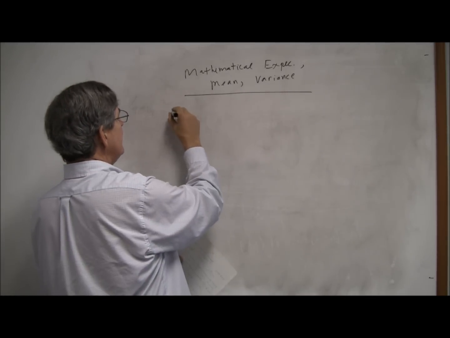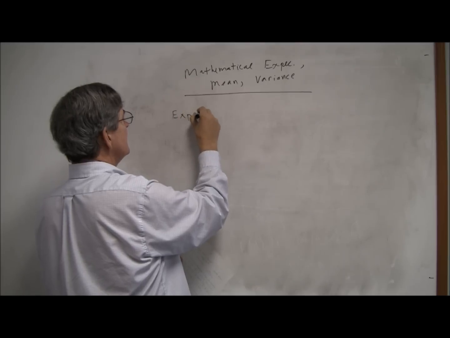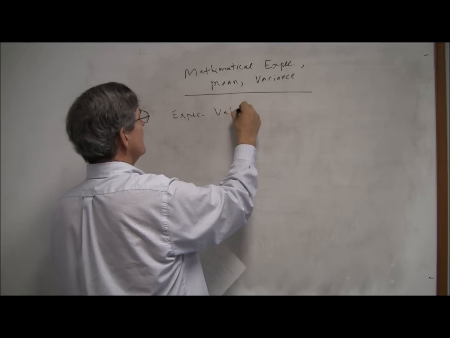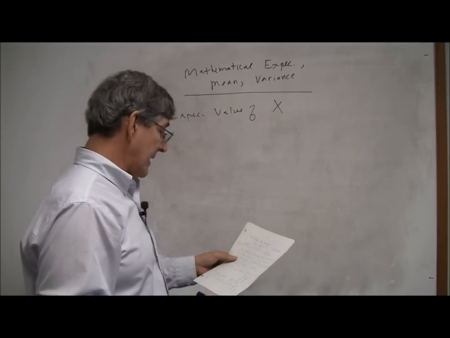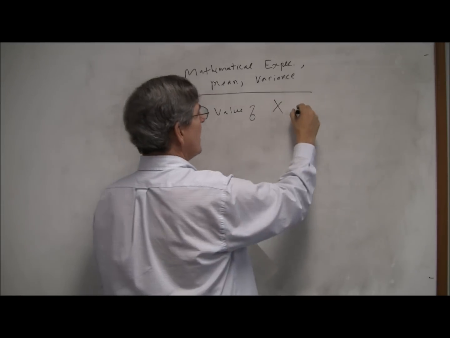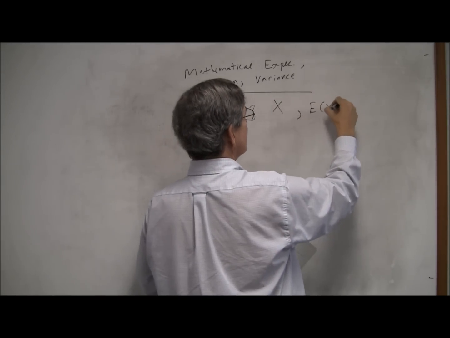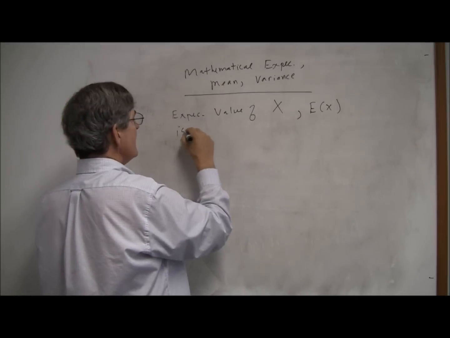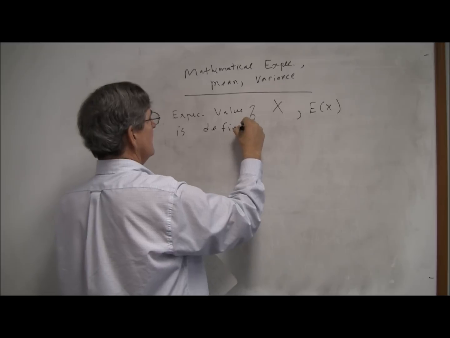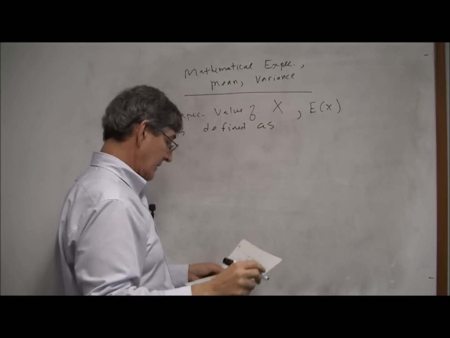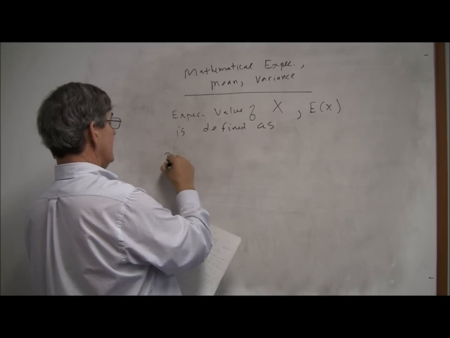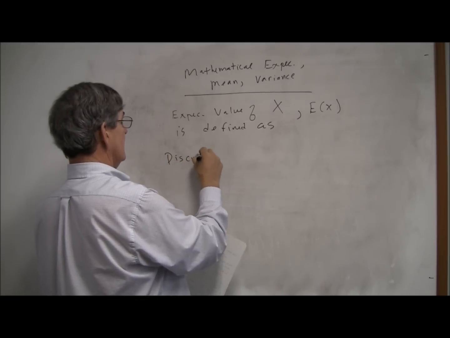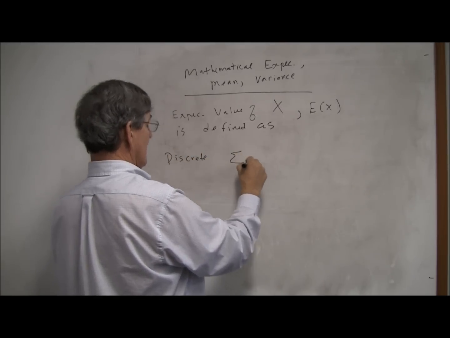So the expected value of the random variable x, we write that E of x, is defined as, for discrete, the sum.